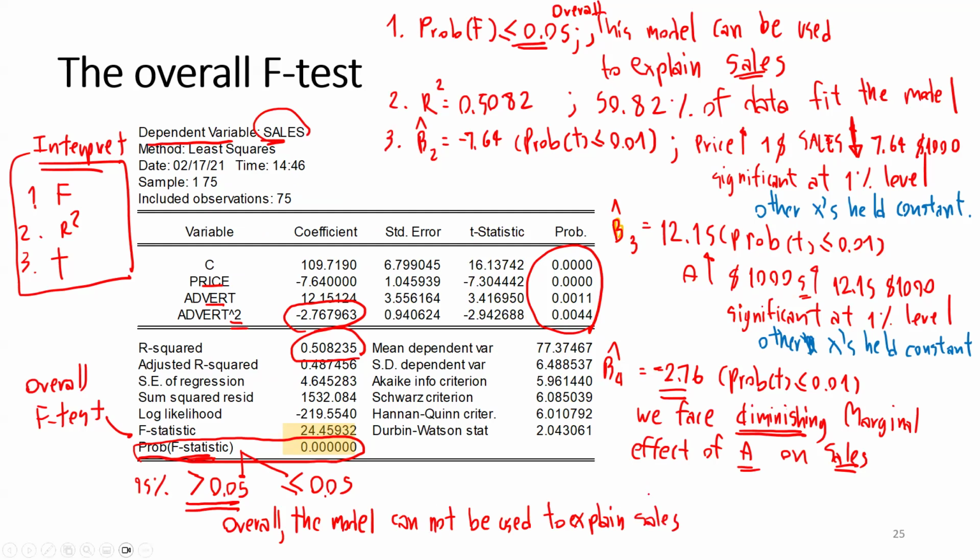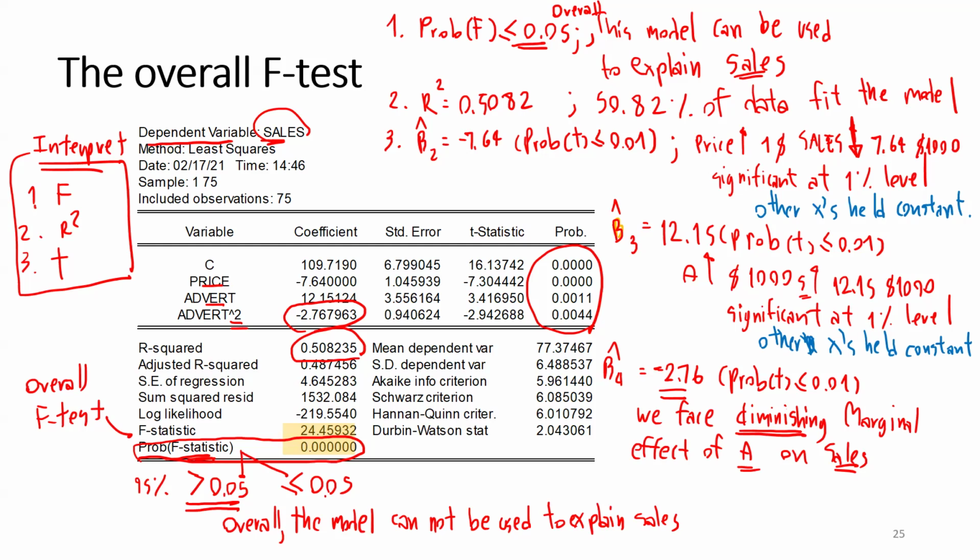Which means in real life, when you work with data, you must see the p-value of F first. And if the overall model is not valid, meaning it's greater than 0.05, you don't have to interpret further.